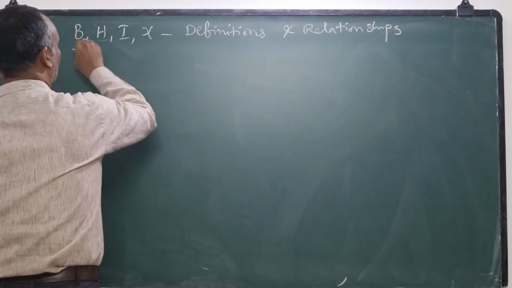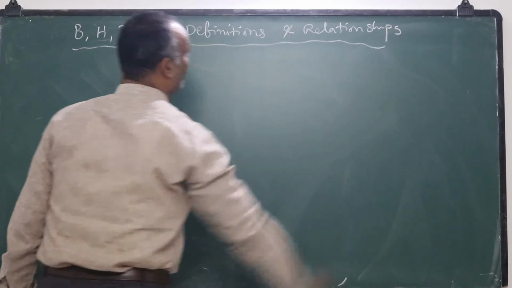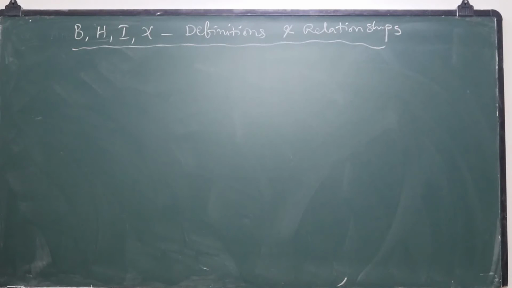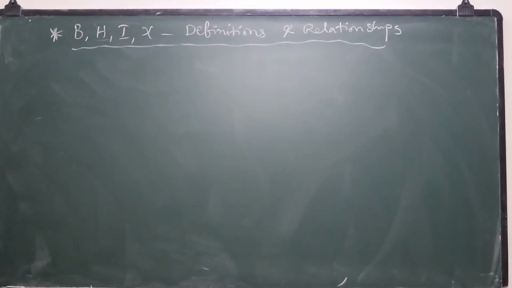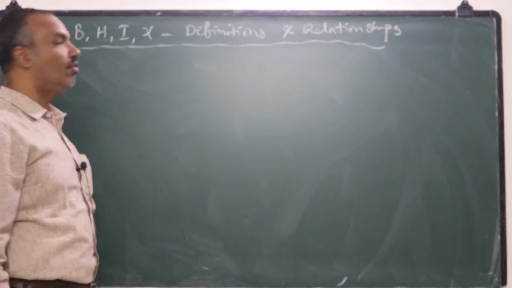So this is the question. This is the part we need to discuss. It's an important part. These are the basic definitions that are very much essential for learning the magnetism concept.